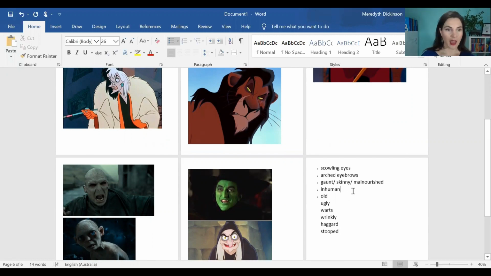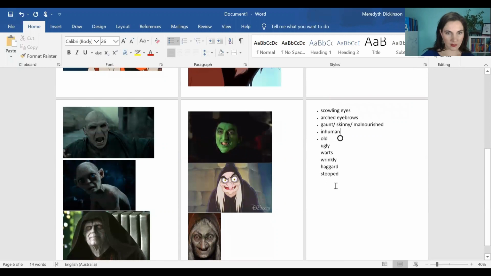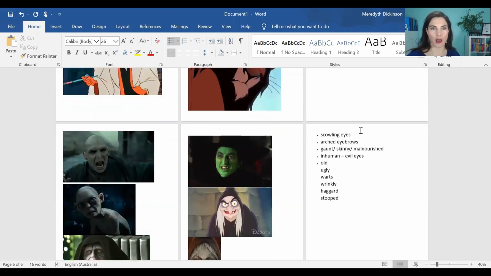And I just noticed just here, it's in the eyes as well. So he's got these evil eyes. Gollum's got these giant eyes. His eyes are sort of yellow, like snake-like as well. So next to this, let's put in human and evil eyes, because a lot of that is in their eyes as well.